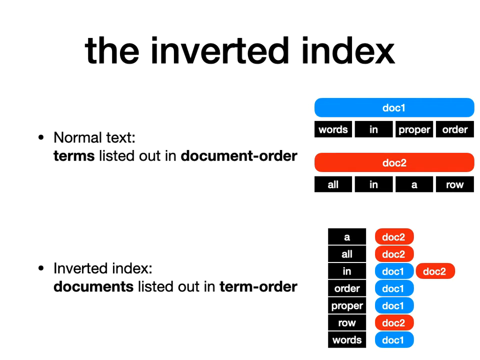An inverted index, and this is just to clarify why it's inverted, is we are now going to list out all the documents in term order, right? A term will have a set of documents that are associated with it. Basically, we're stripping out the natural language structure from the document and turning it into a sort of lookup system instead.